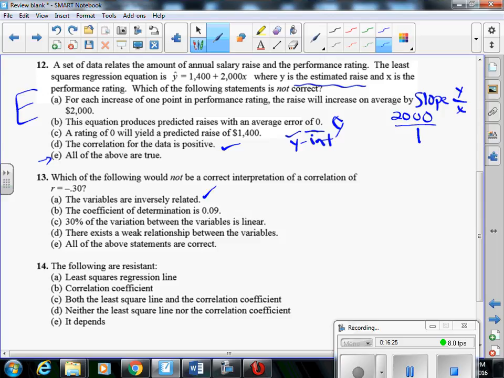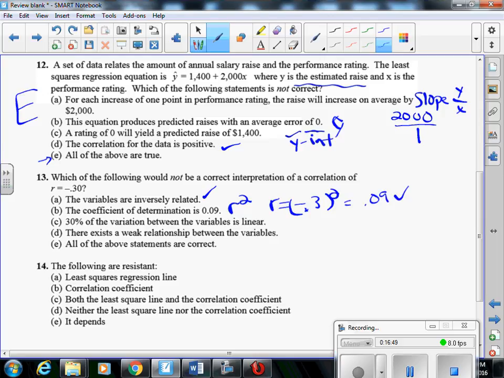That's true, because by saying the word inversely, they're saying that there's a negative relationship. For r to be negative 0.3, that is negative. B, the coefficient of determination is 0.09. Remember, coefficient of determination is r squared. So we need to see what r is, and we need to square it, and that gives me 0.09, so we're good.